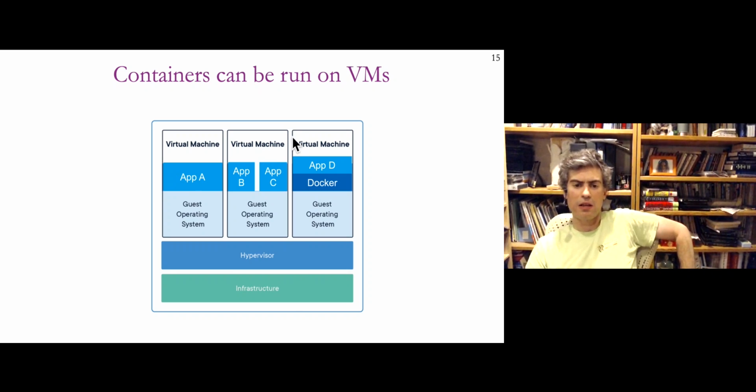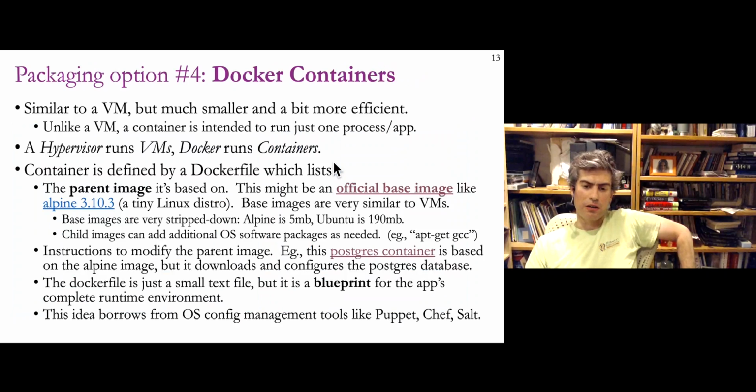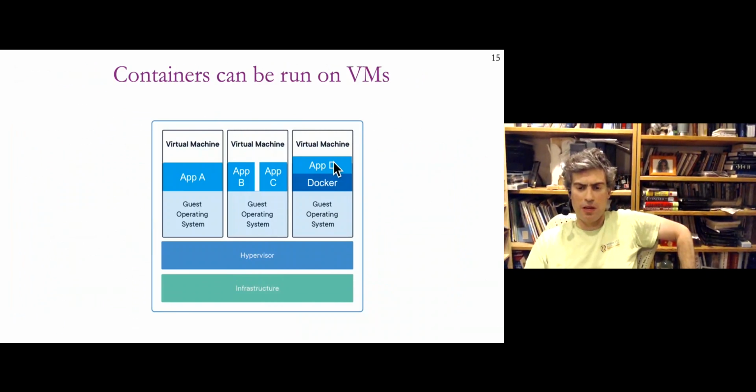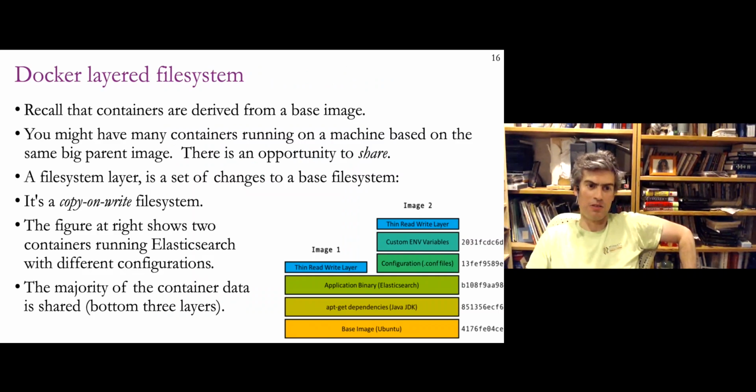Keep in mind that you can deploy Docker containers on top of a virtual machine. Usually everything we use is virtual machines anyway these days. So typically your container will be running in a virtual machine on a physical machine that's shared with other virtual machines. So these are not mutually exclusive, but they can be used together.